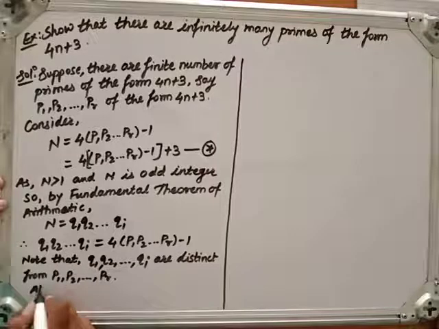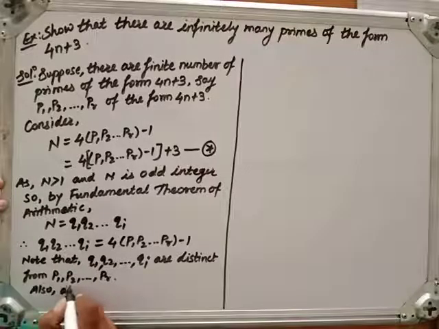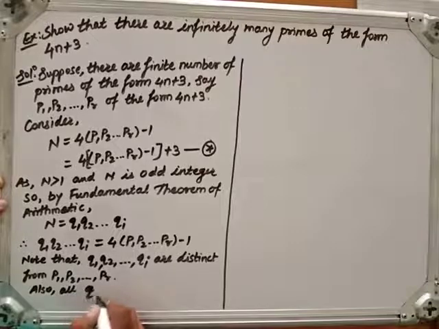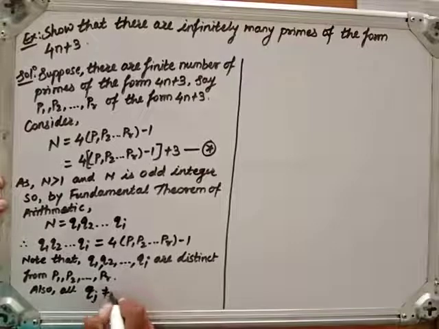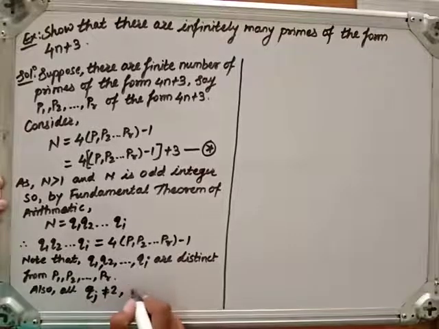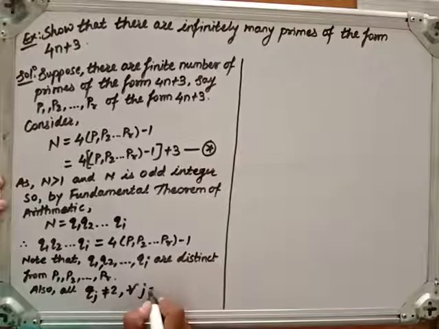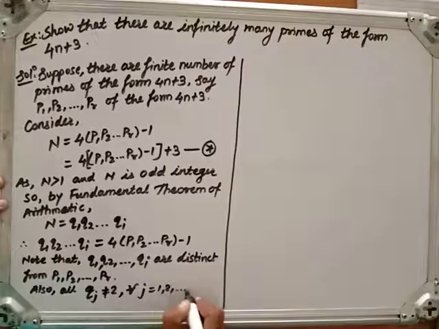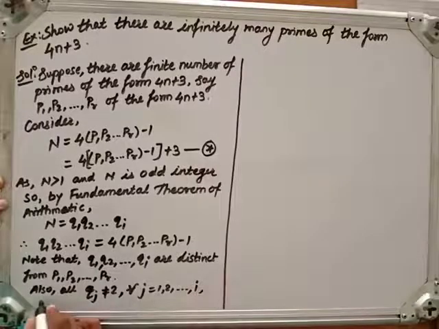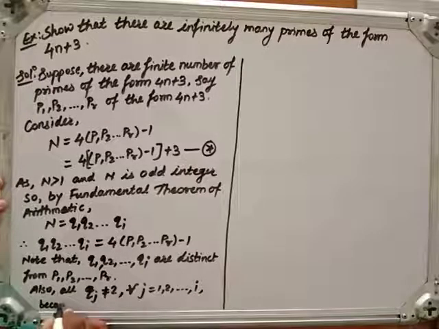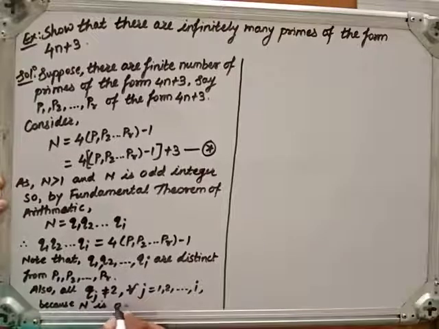Also all qj are not equal to 2, for all j equal to 1, 2 so on up to i. Why is this? Because n is an odd integer.